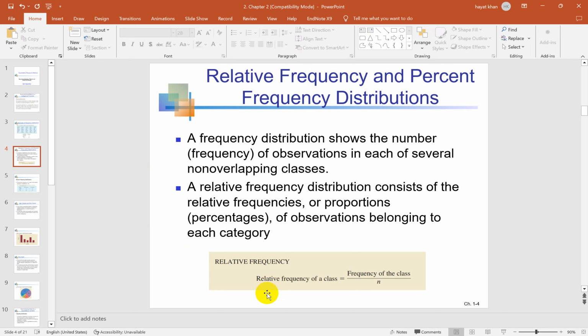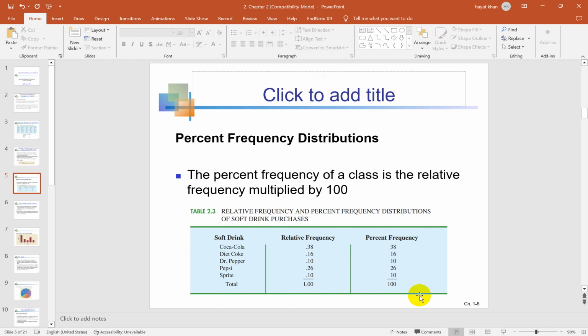So frequency distribution you already understand, and the relative frequency of a class is equal to the frequency of the class divided by n. The percent frequency of a class is the relative frequency multiplied by 100. So here are the soft drink purchases, and the relative frequency is given here, and the percent frequency is given here.